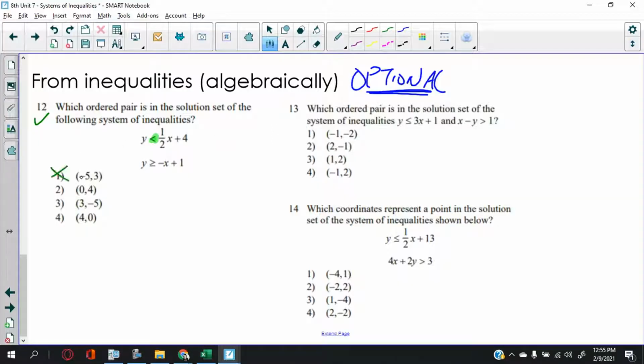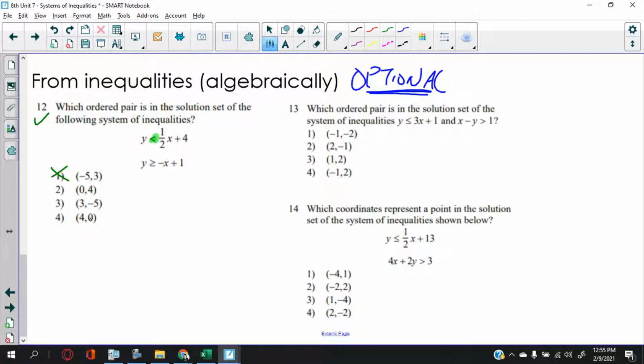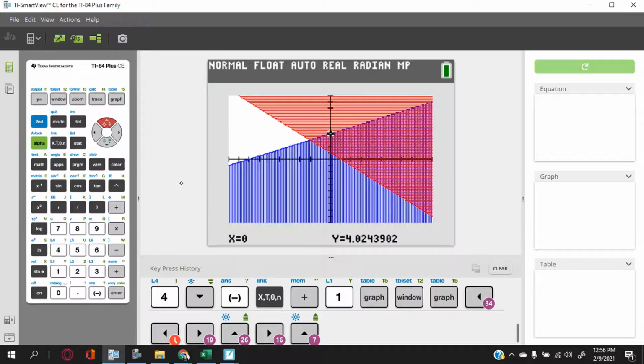I actually like this method way more. It's more fun also. 0, 4, so x is 0, y is 4. Now this is tricky because it's right on the line. Remember, the blue line is dotted, so we can't count that. Man, they keep doing this. All right, 3, negative 5.